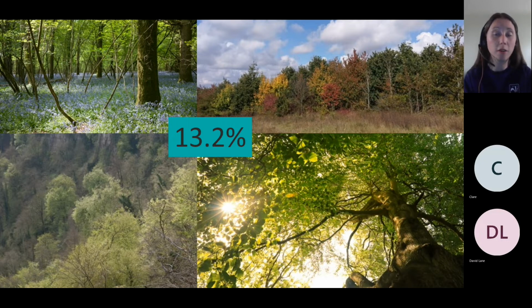Our flora, so our flower species, and our fauna, our animal species, have adapted to the geology, soils, and conditions they hold. Unfortunately, these landscapes have changed, as many of you know, meaning that our woodland networks have become fragmented and degraded. We now have a low coverage of trees across the UK, about 13.2% of land area. So it is so important we re-establish these networks where we can, so nature can recover.